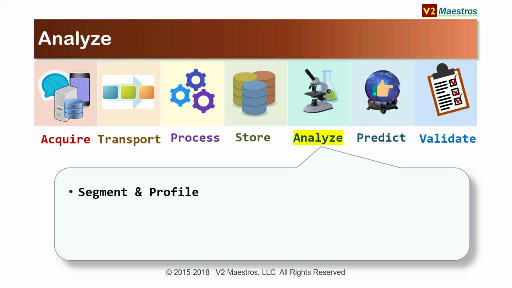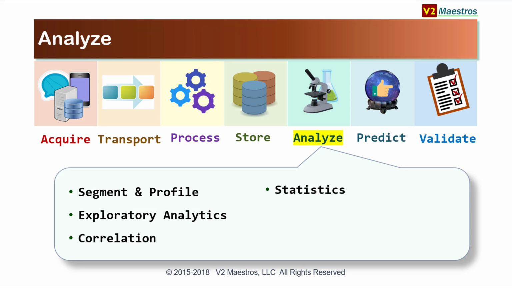Analytics starts off with segmenting and profiling data through manual, graphical, or automated tools to discover and understand patterns. Business analysts perform exploratory data analytics to discover hidden trends. Correlation analysis is performed to understand relationships between entities, characteristics, environment, events, behavior, and outcomes.